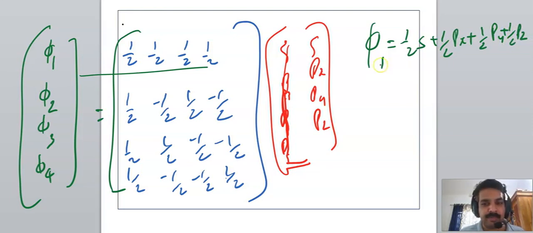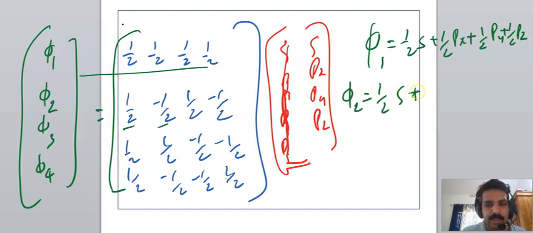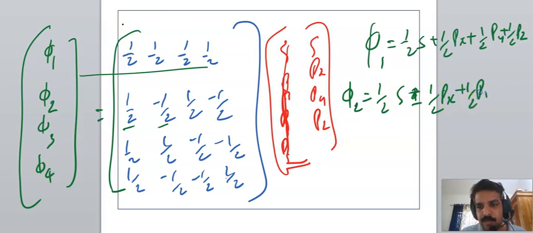That is phi 1, the first hybrid orbital. The second, phi 2, is again 1 by 2 s minus 1 by 2 px plus 1 by 2 py minus 1 by 2 pz.